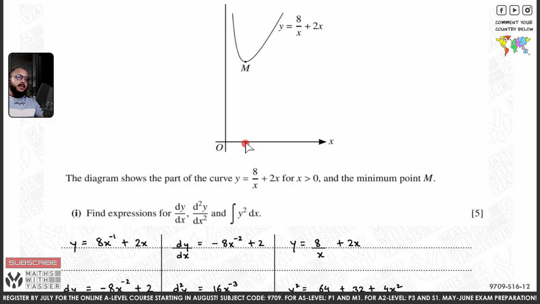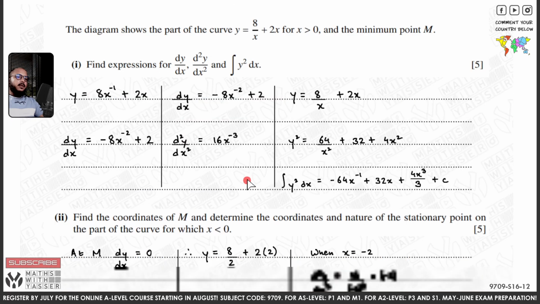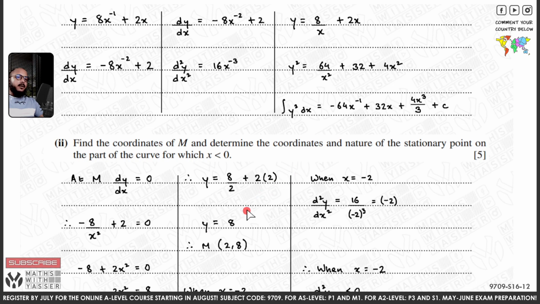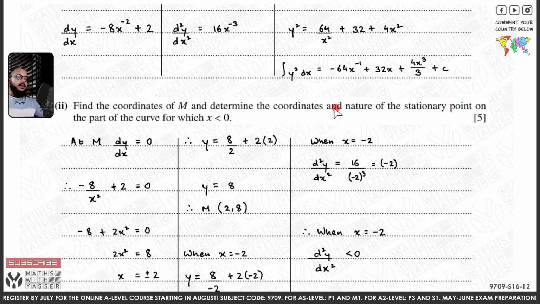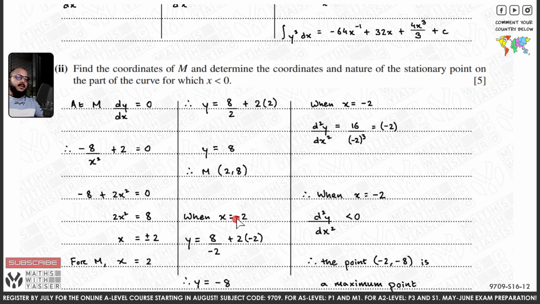That means we should be taking the positive x value for the coordinates of M. For the negative part, which is x equals negative 2, you can see in the remaining part of the question, after they asked us to find the coordinates of M, they're telling us to determine the coordinates and the nature of the stationary point on the part of the curve for which x is less than 0. That means we need to figure out what will happen when x is negative 2.